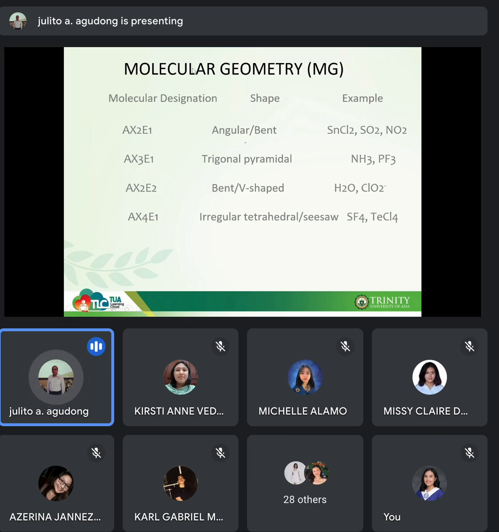Molecular shape designation AX2E1 is angular or bent. There are two atoms surrounding your central atom, and you have one non-bonding pair that rests on your central atom.